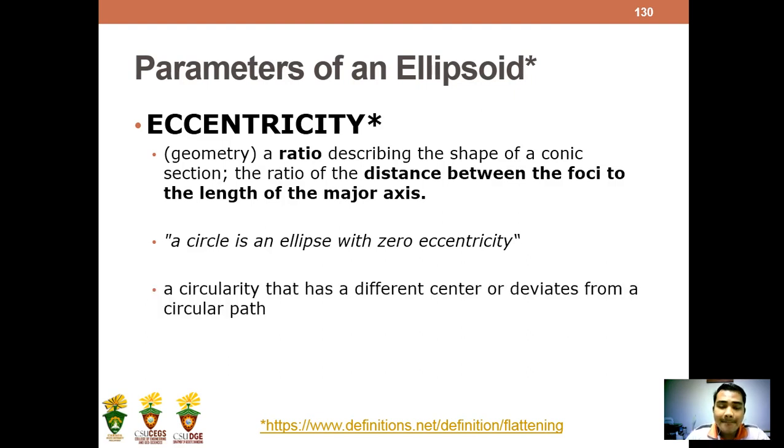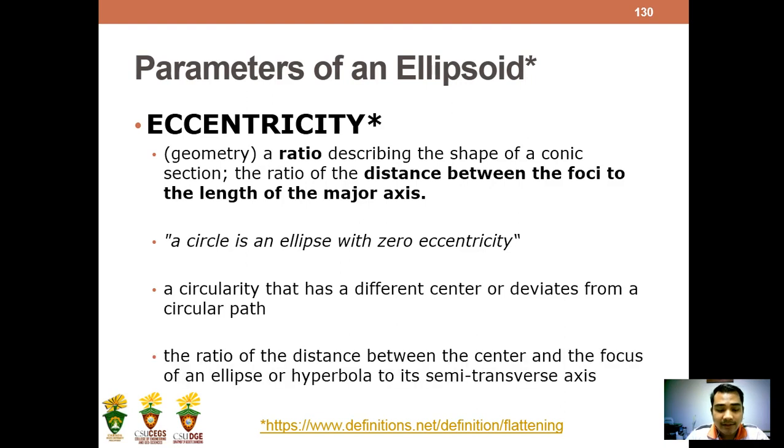Another definition of eccentricity is how much a curve deviates from a circular path. It is the ratio of the distance between the center and the focus of an ellipse or hyperbola to its semi-transverse axis. Again, center to foci is the eccentricity.